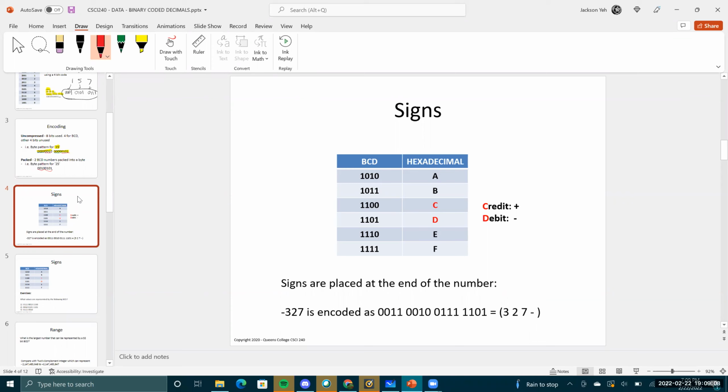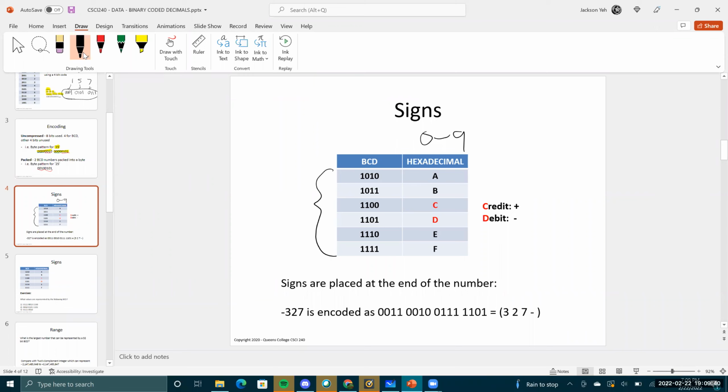To address a situation where we need a value to represent positive or negative, we use the 6 unused BCD values, because we only needed to represent values 0 through 9. So A, B, C, D, E, F in hex are technically not used in unsigned BCD. If we want to use signed BCD, 2 values are going to be used for positive and negative, C and D.